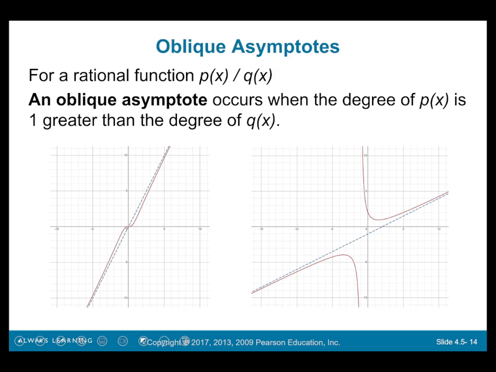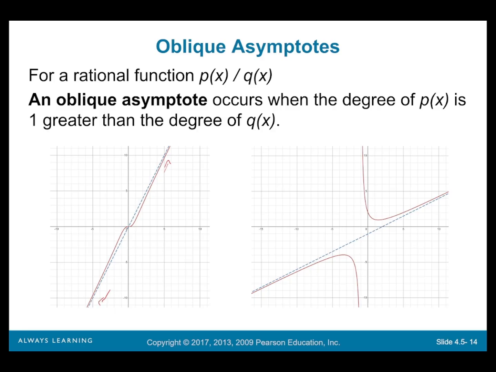Now, another type of asymptote that can happen is an oblique asymptote. And this happens when the degree of p of x is just one more than the degree of q of x. What this looks like is if I have a shape like this first one, where you can see that it's clearly not a line in the middle, but it's becoming very, very close to the line as we look at what's happening up here and what's happening down here.